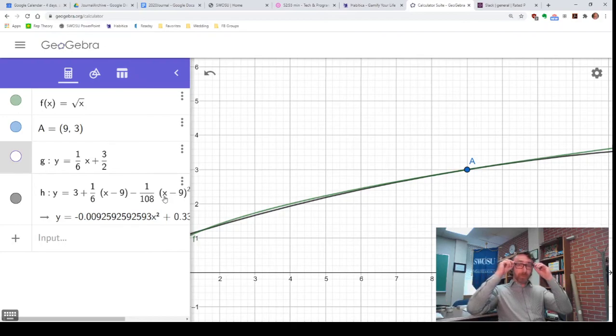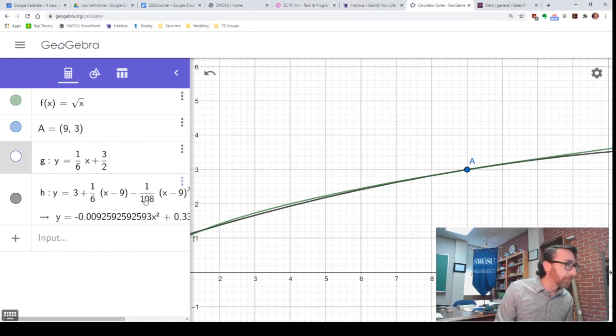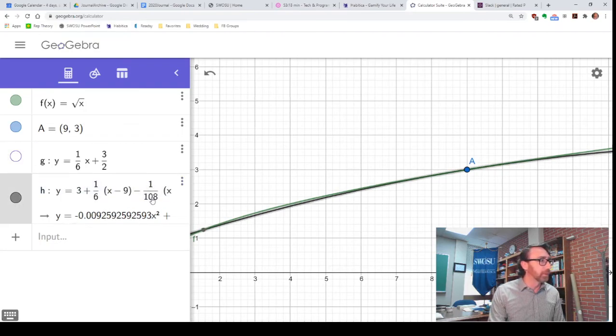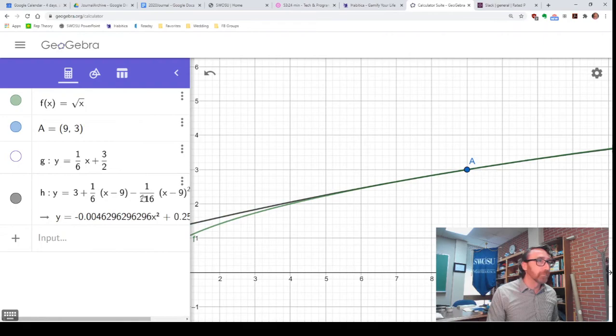And I hope you can see the general theme here. It would be that to get an even better approximation, you incorporate more terms. So this right here, this 3, this was the value of the function, the derivative, the second derivative. Oh, I think I might have forgotten my 1/2. I think I need 2/16 here. Yeah, that's even better.